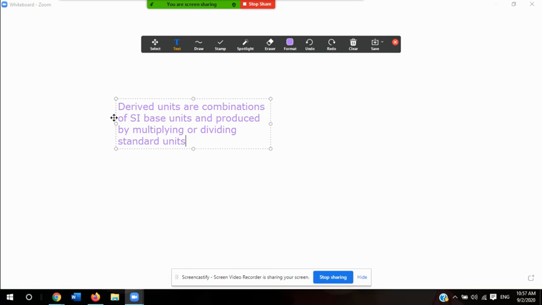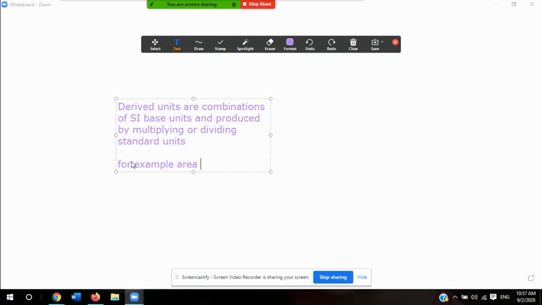Okay. For example, area is an example of a derived unit.